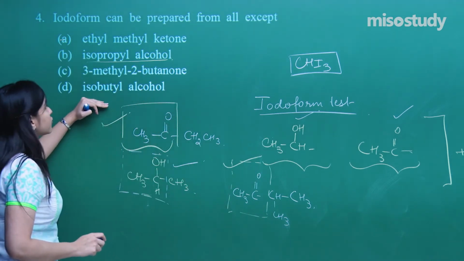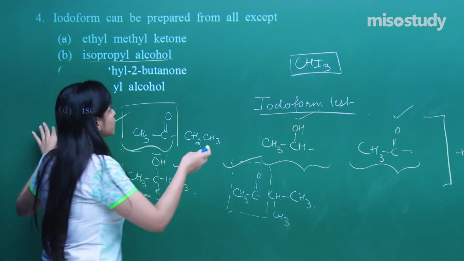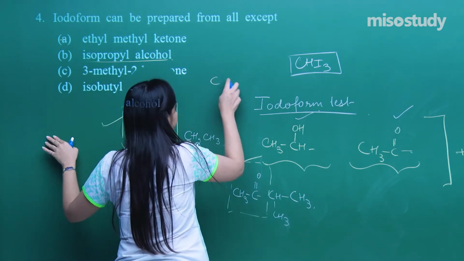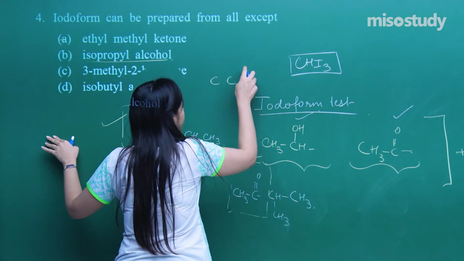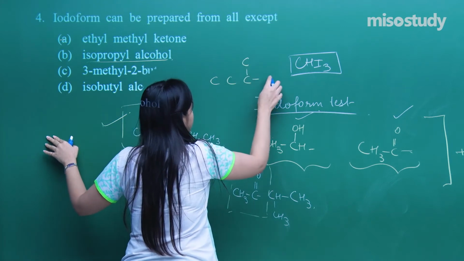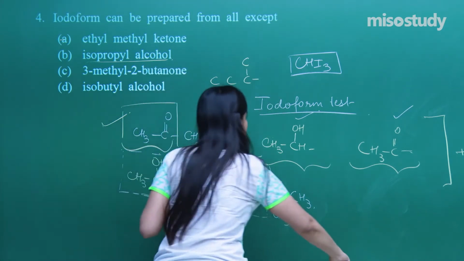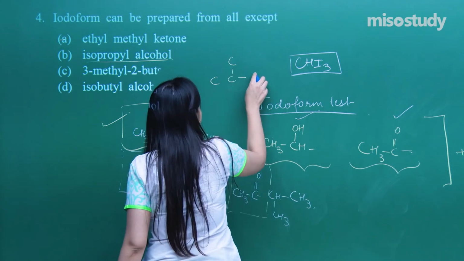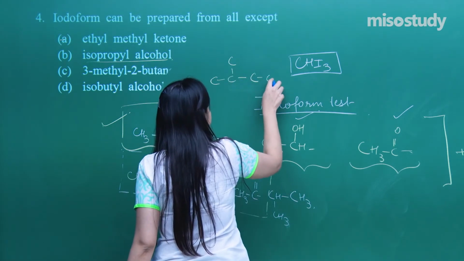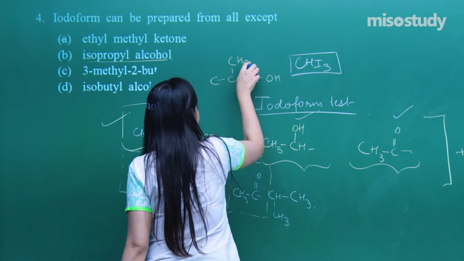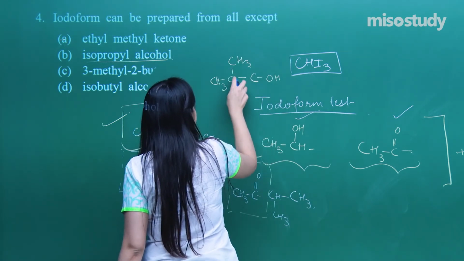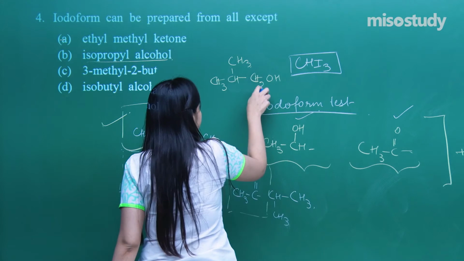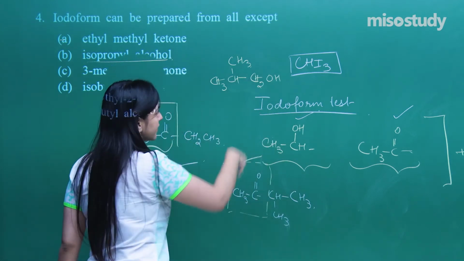But if you look at isobutyl alcohol, what is isobutyl alcohol? It is this. Now it is isobutyl alcohol here. So can you see such a group over here?